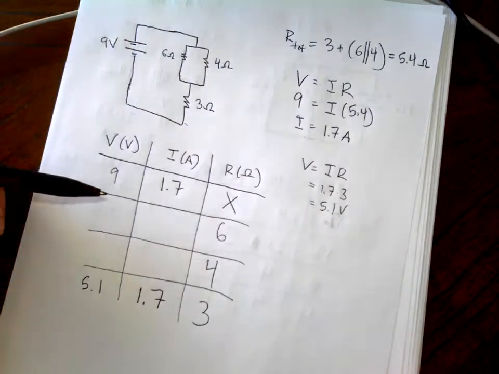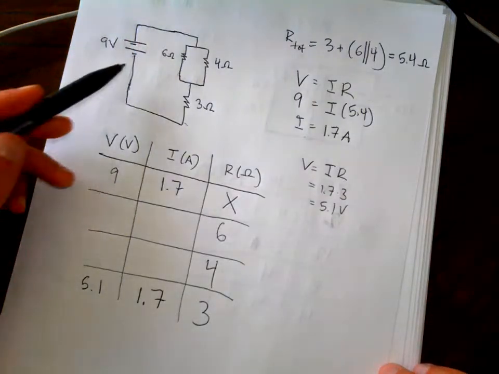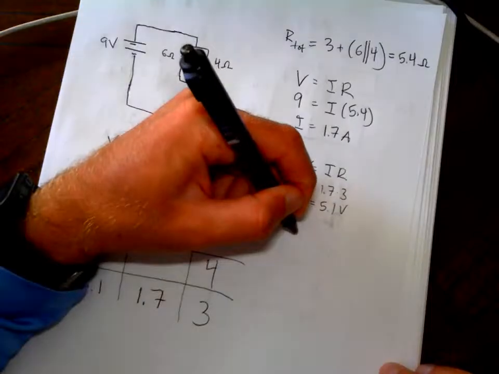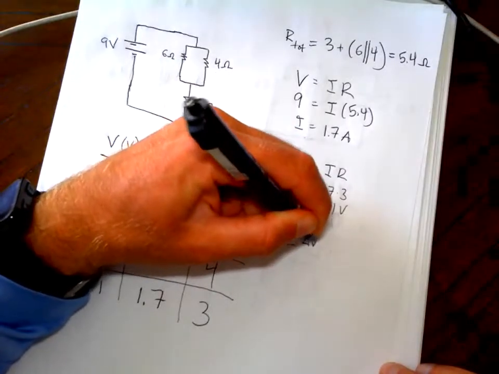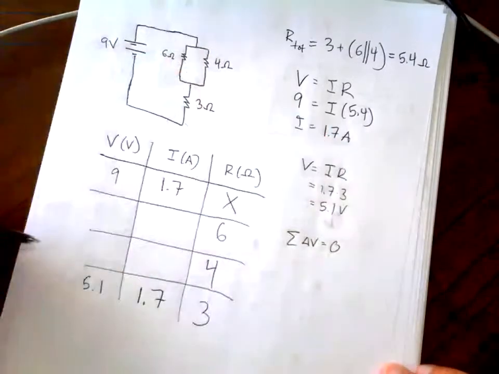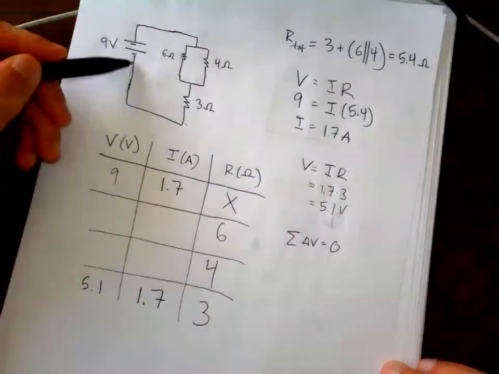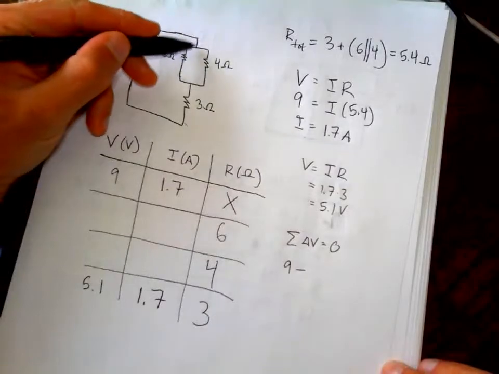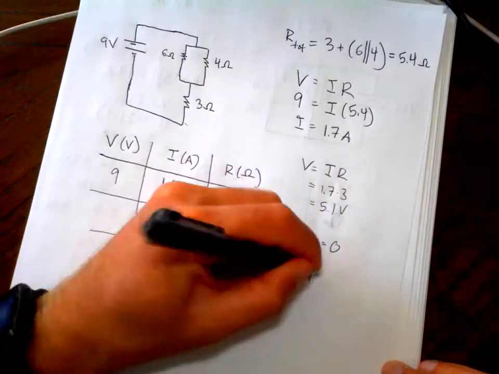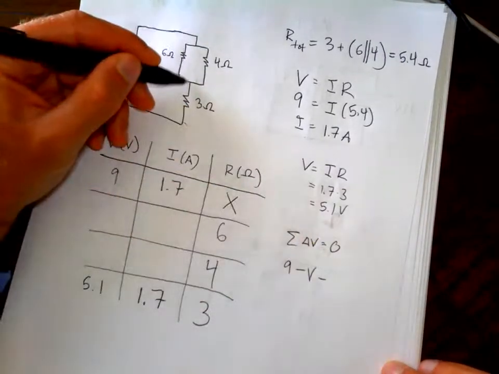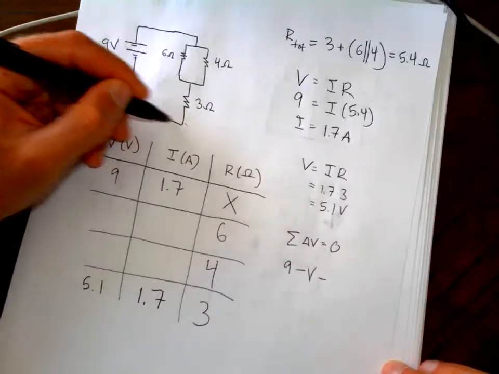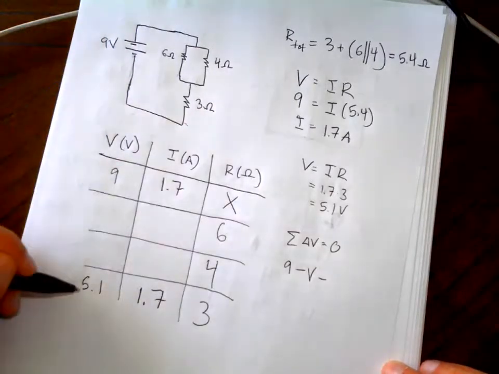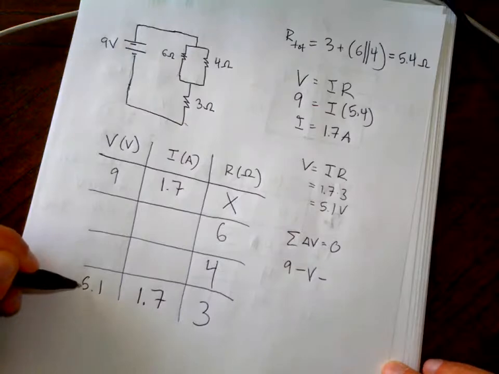Okay. And notice for that loop, the sum of the voltage changes has to be 0. So notice how I have a 9 volt rise across the battery. And then I have a drop across this 6 ohm resistor. And then I have a drop across the 3 ohm resistor. And then I come back to where I started. I know the drop across the 3 ohm resistor is 5.1.